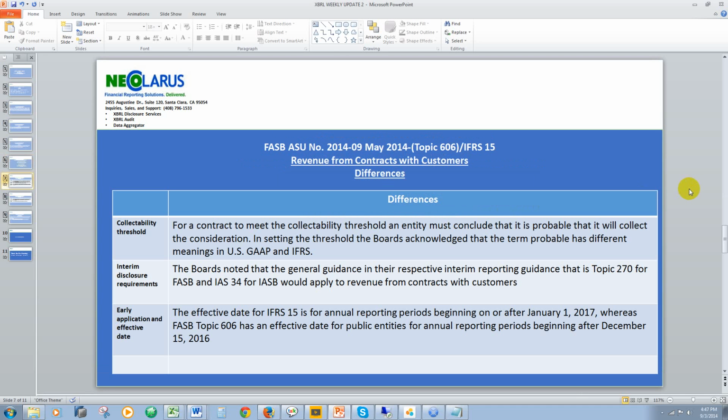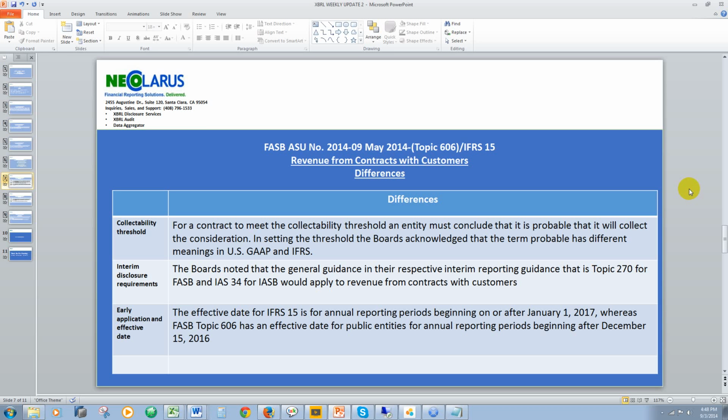So let's move over to the next slide. This slide talks about the differences between the FASB and the IASB on this standard. The first difference is regarding the term probability of collectibility of the consideration, that is the collectibility threshold.